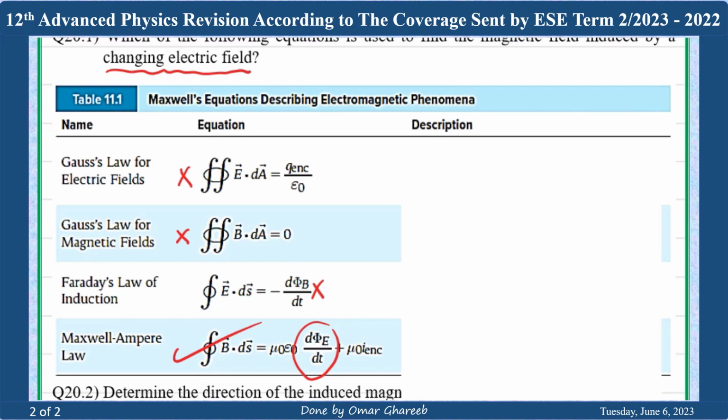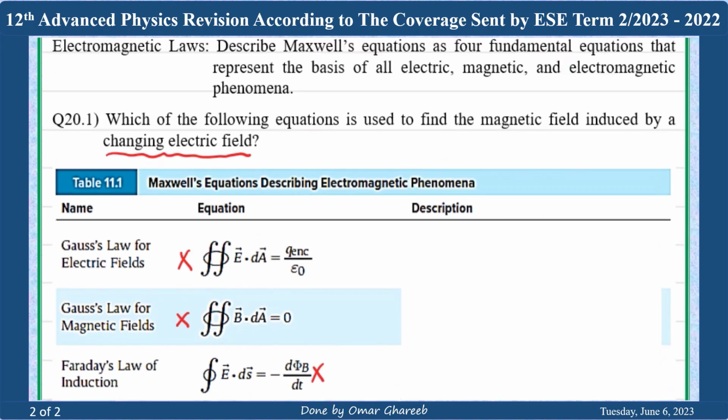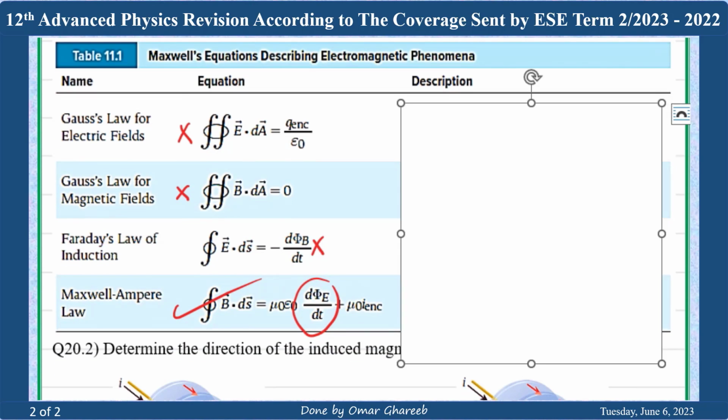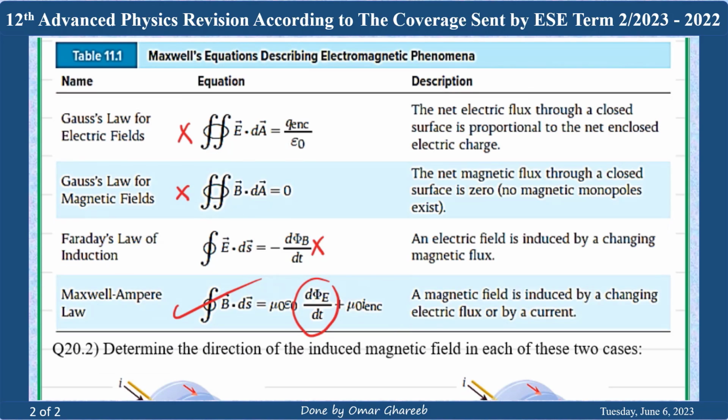So this is the equation. So pick the equation as offered by the question. So I advise you to memorize this table: the description and the equation for that description.